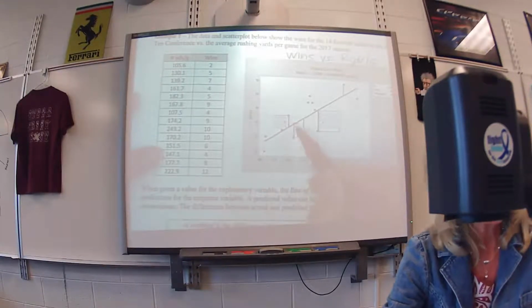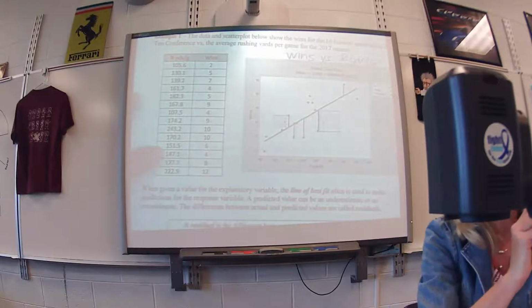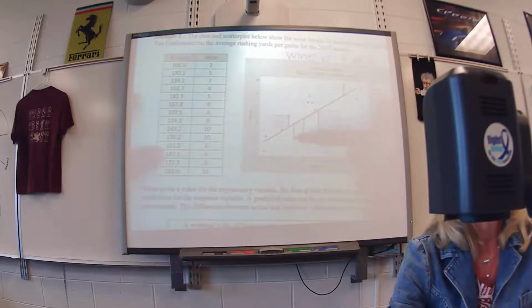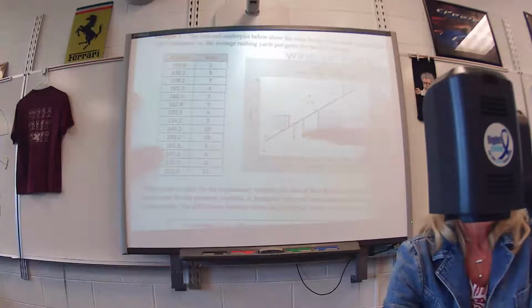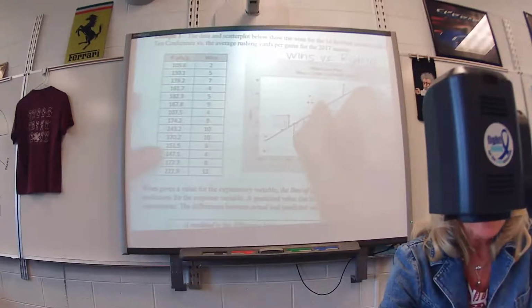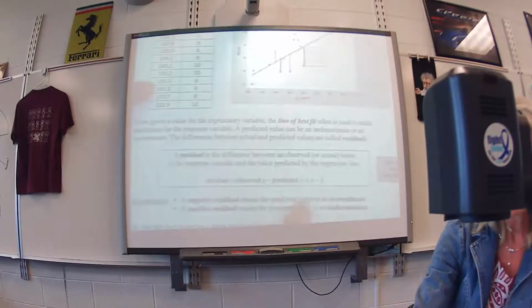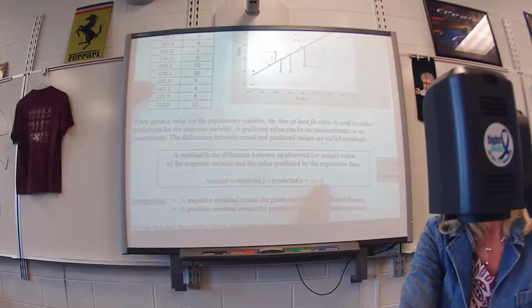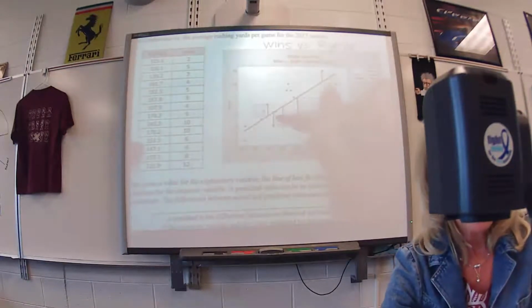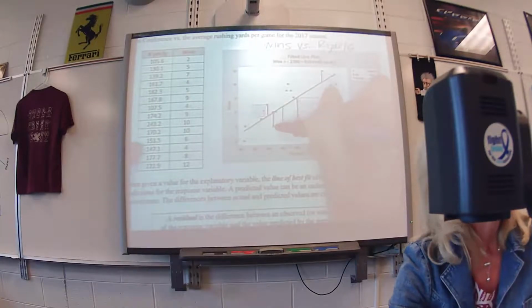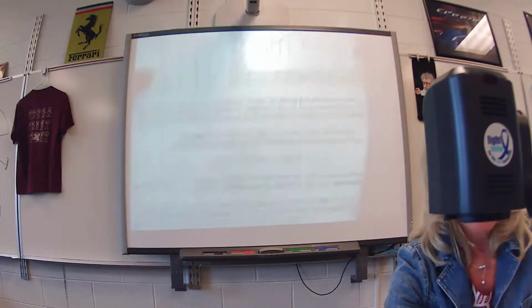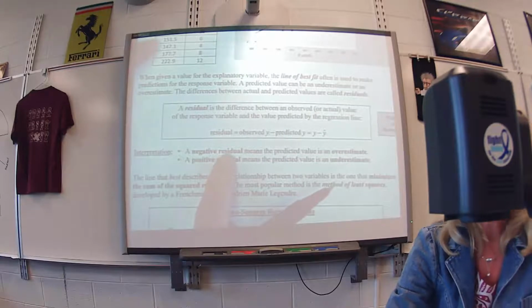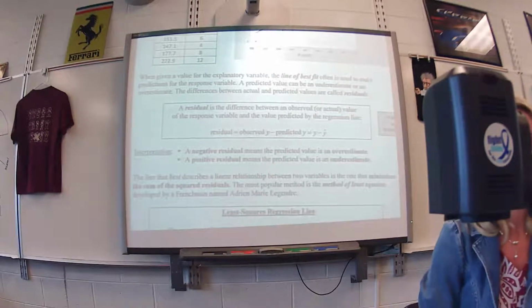So the trend line provided an overestimate compared to what he really got. The residual in this case is going to be negative, because when you do the actual y value minus the predicted y value, the dot is underneath the line. So it's going to be a negative residual, but a negative residual means the line is an overestimate.